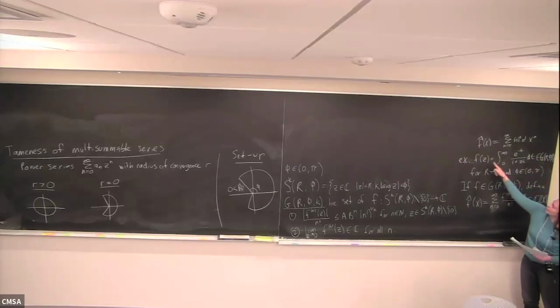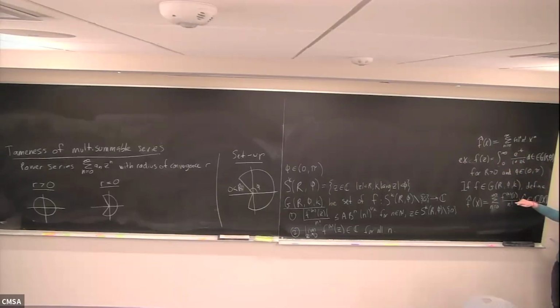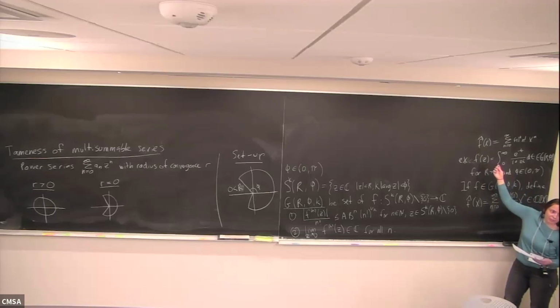But here I'm saying that you have this function not only in a half plane, but in these larger sectors. And the way that you get that is you can vary the direction of Borel summation in some neighborhood, and that will give you functions in a family of half planes. And then you can show that on the overlap between these different half planes, the functions agree. And so that gives you this function, not just in a half plane, but in a sector.